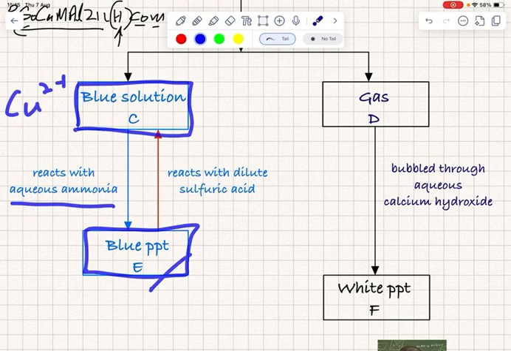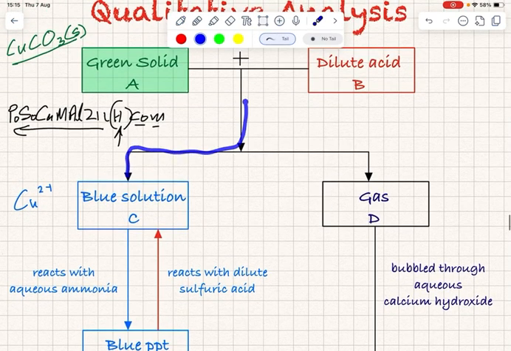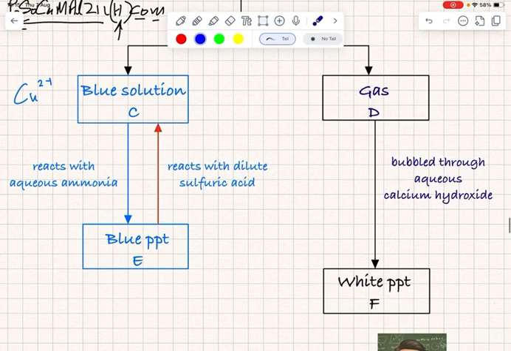This is confirmation. Copper 2+ must be present. You cannot deny that. And obviously copper 2+ must come from the green solid A. It means copper must be there. This copper cannot come from the acid. There's no such thing as copper acid.